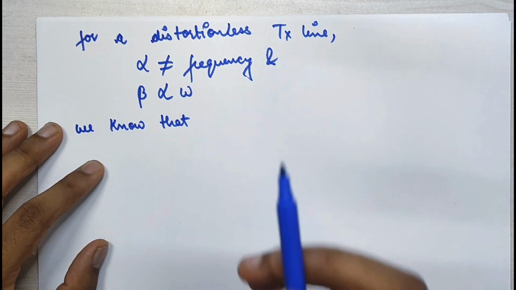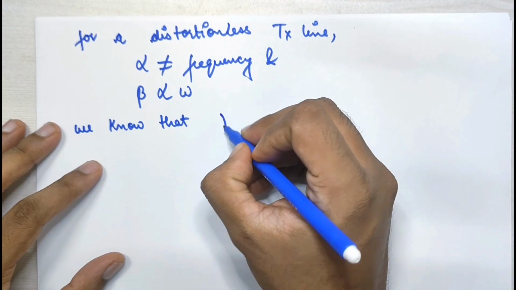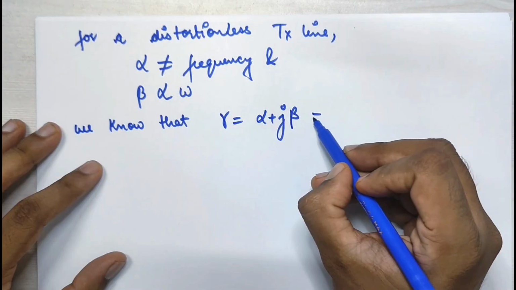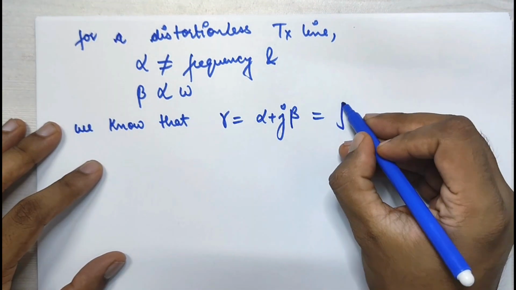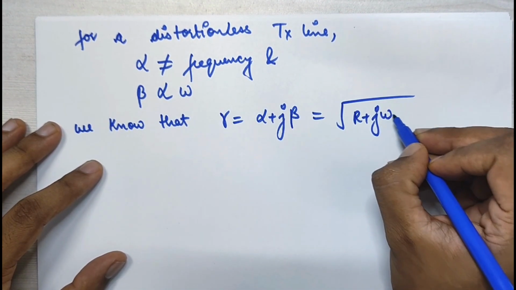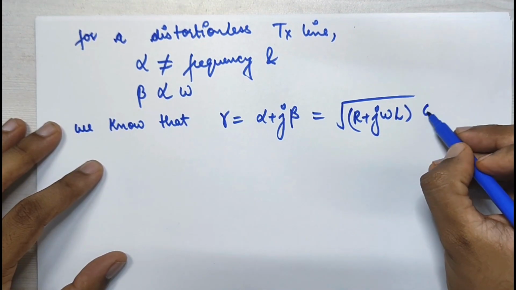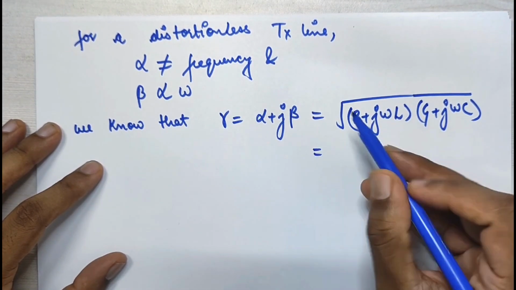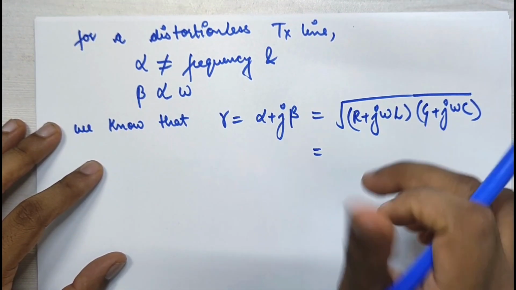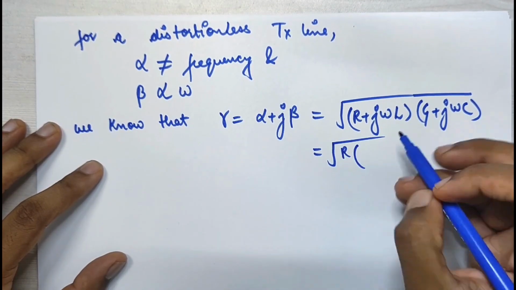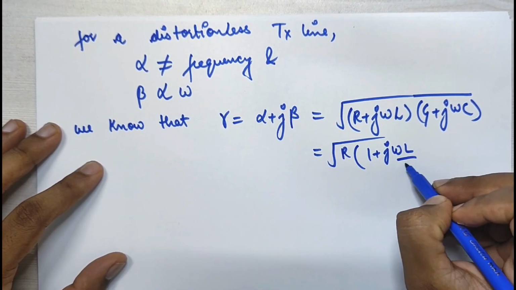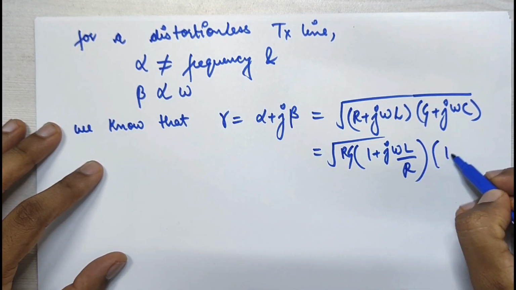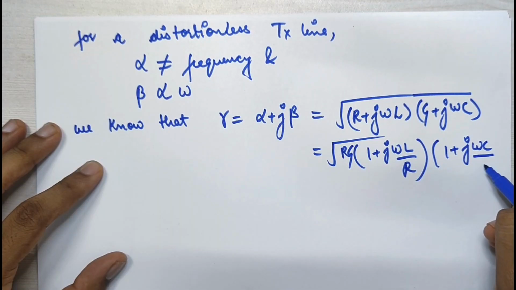Now we know that propagation constant, which is gamma, is equal to alpha plus j beta. We also know there is another formula, which is square root of (R plus j omega L) into (G plus j omega C), right? What we'll do, we'll try to extract R and G from these. If you take R outside, 1 plus j omega L by R, and if you take G out, we have 1 plus j omega C by G.